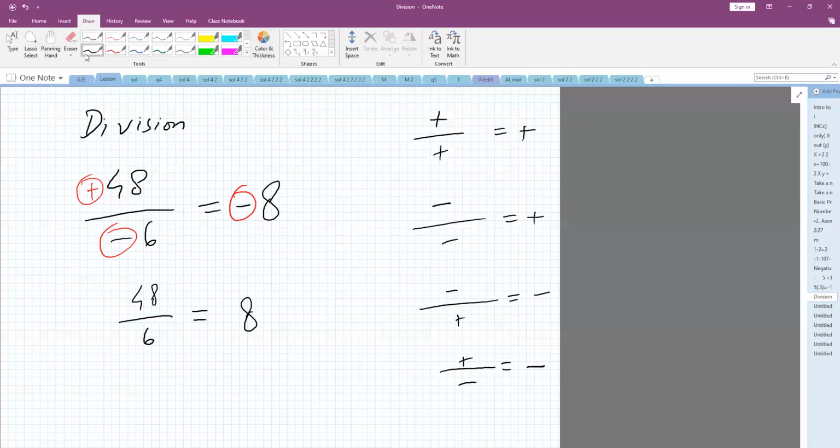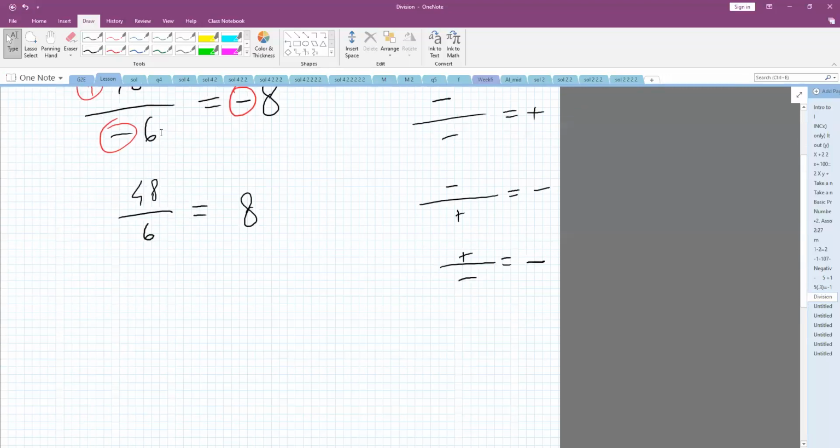Now let me give you another one here. For example, what about this? Negative 72 divided by 9. It would make -8. Yes.